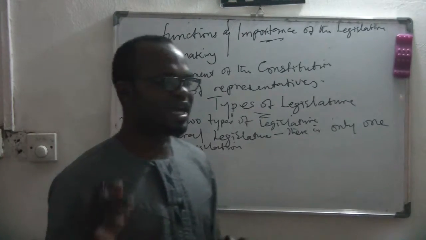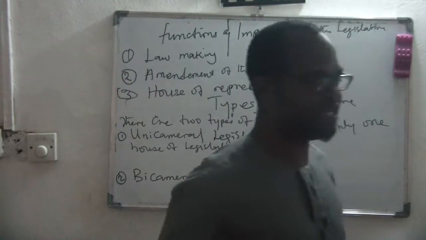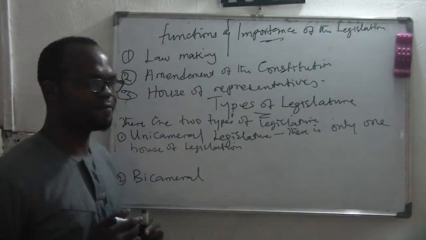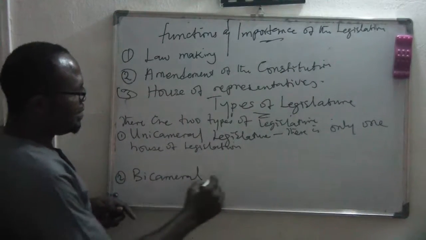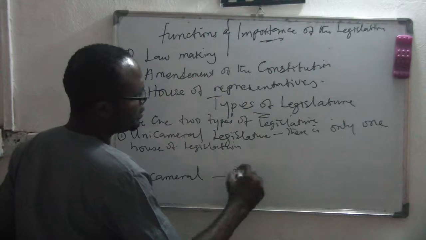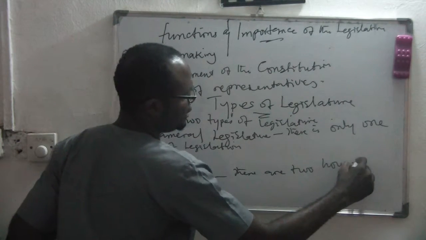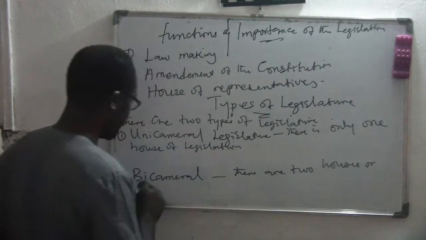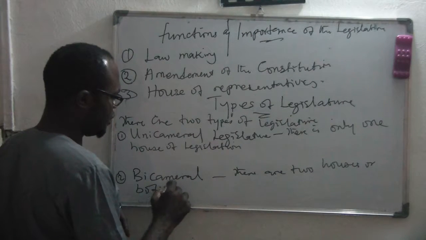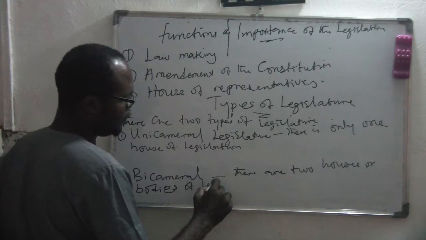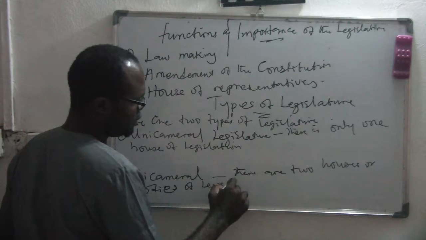Once the bill is passed by that one house, it goes to the president for his assent. Is that clear? But in bicameral, there are two houses or bodies. You can call them bodies as well.